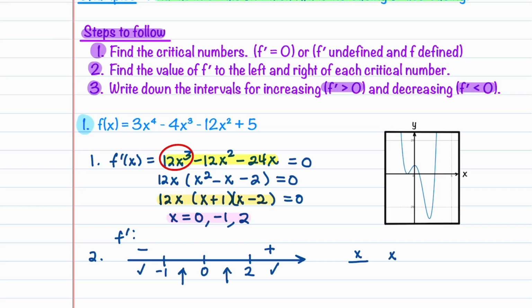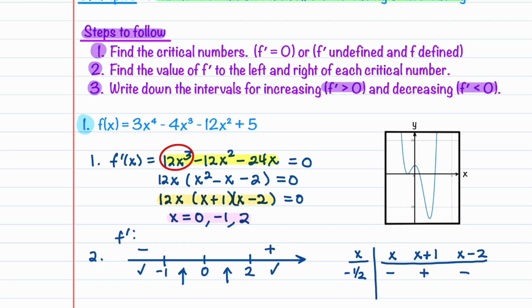So we have x, x plus 1, and x minus 2. And we are going to be looking to see if those factors are positive or negative. The point that I'm going to choose between -1 and 0 is -1/2. And then -1/2 is negative. -1/2 plus 1 is positive. And then -1/2 minus 2 is negative.